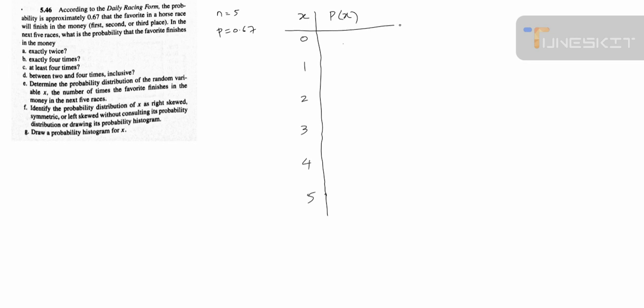Now 5C0, 0.67 to the power 0, and 0.33 to the power 5 minus 0, according to the formula of binomial distribution, which is to estimate probability using binomial distribution. We are supposed to use this formula.